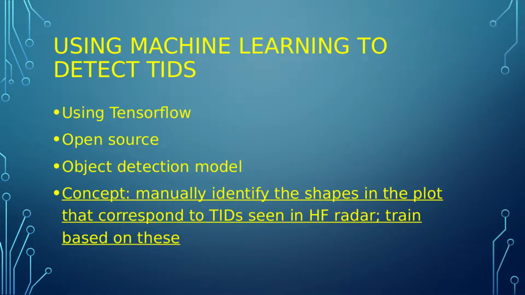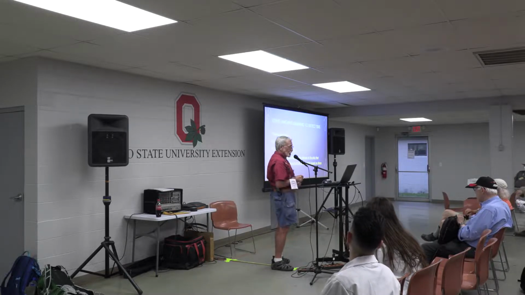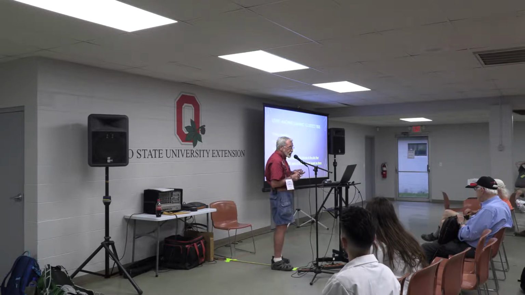Now, what about the machine learning aspect of this? You don't call it artificial intelligence anymore because there's really no intelligence involved. All we're doing is training a neural network to look for something that has a certain look to it. We can look at these plots and identify something that looks like a transient ionospheric disturbance just by looking at it.